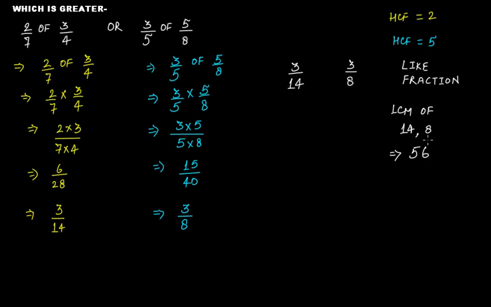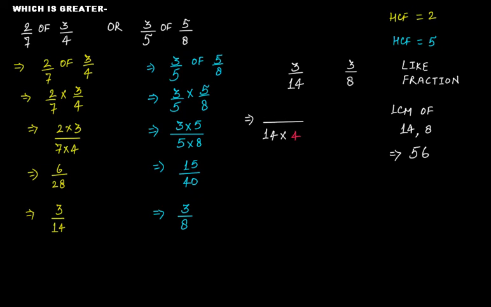It's homework for you. So the LCM of 14 and 8 is 56, and in order to make the denominator 56, by what number should we multiply? If we multiply this denominator 14 by 4, then this will become 56, right?